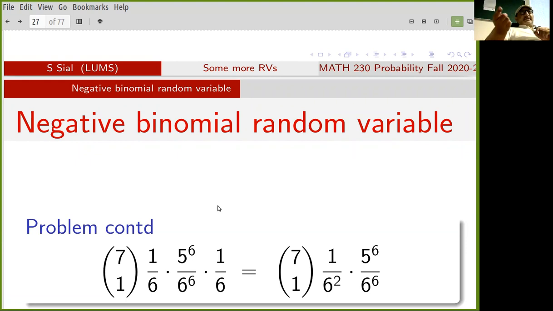And then, because of independence, you can multiply the probability of that happening times the probability of the success in the 8th trial, which is 1/6. So now if you put everything together, after some simplifications, that's 7 choose 1, 1/6 squared, 5/6 to the 6th power.